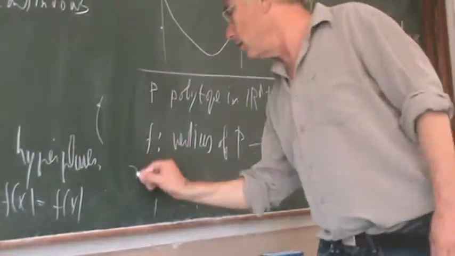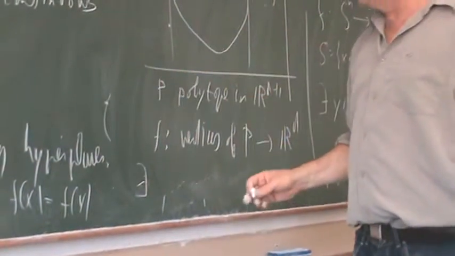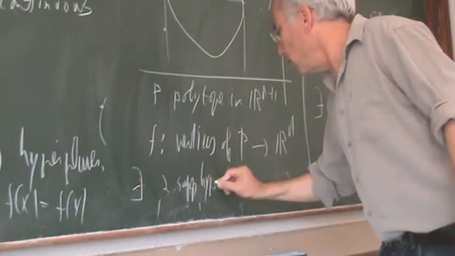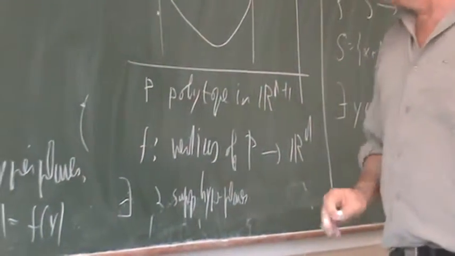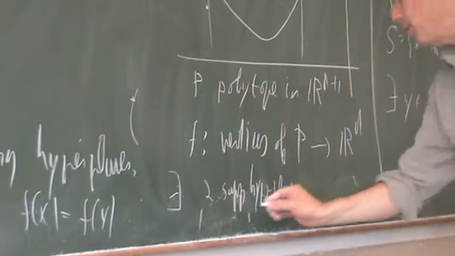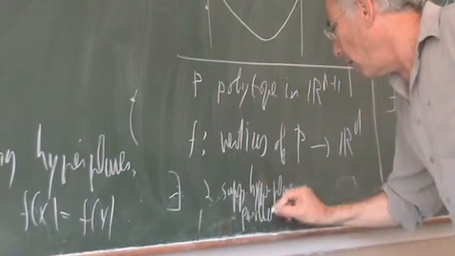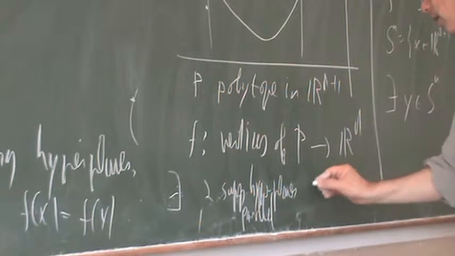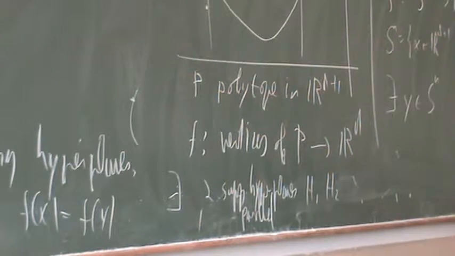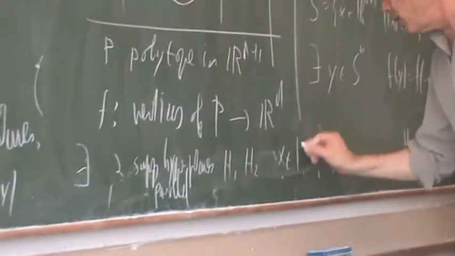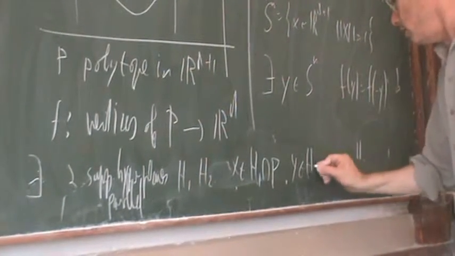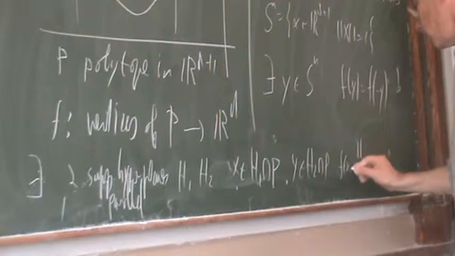Then, like before, there exist two supporting parallel hyperplanes, say H1 and H2, and two points x and y, x belongs to H1 intersect P, and y belongs to H2 intersect P, and f of x is equal to f of y.